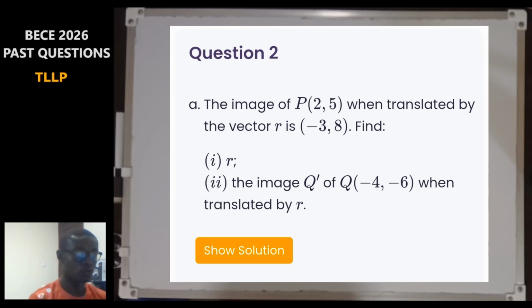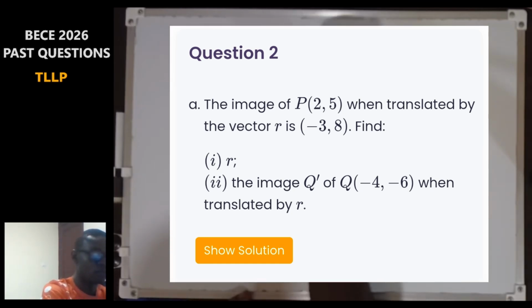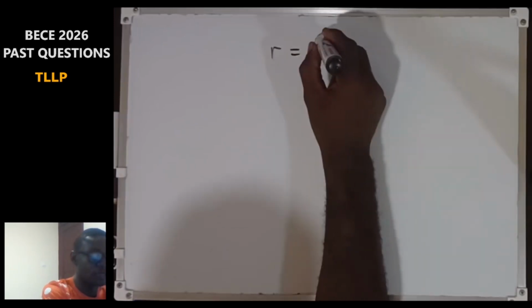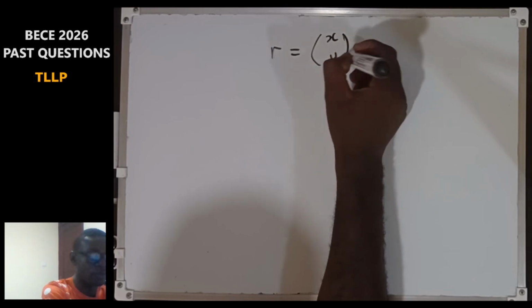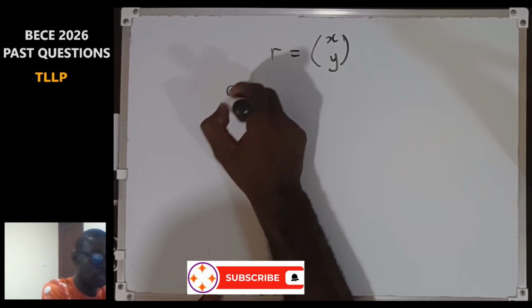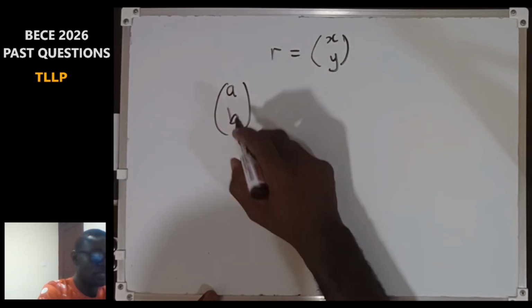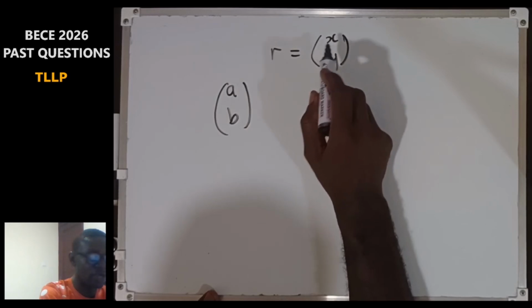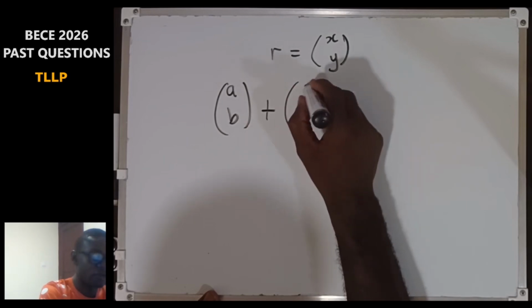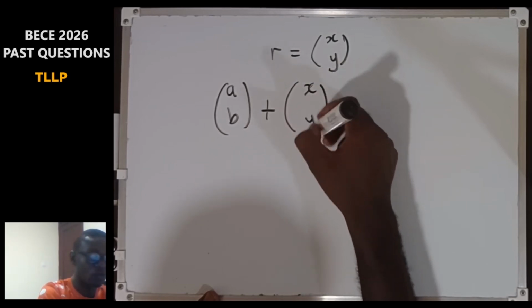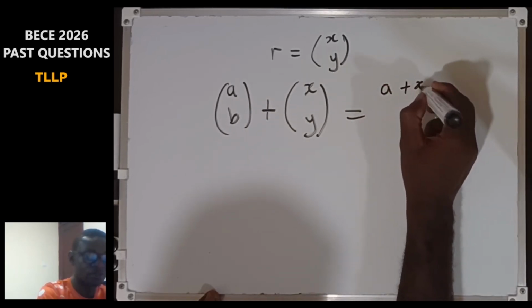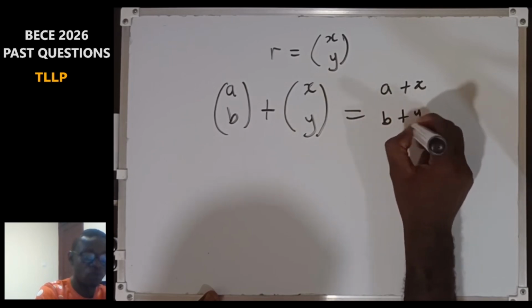Okay, so this is what I mean. Assuming the vector r is, let's say, a point x, y, and maybe you have the object being AB. If this AB is translated by the vector r, all it means is just add the vector r, which is x on y, to AB, and that is going to give you a plus x, then b plus y.